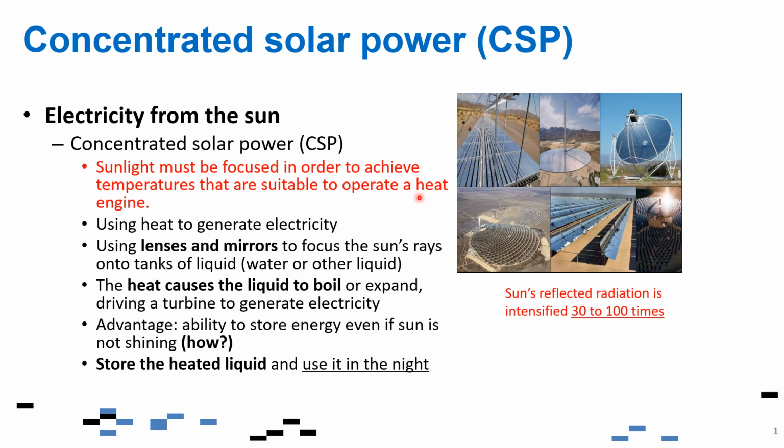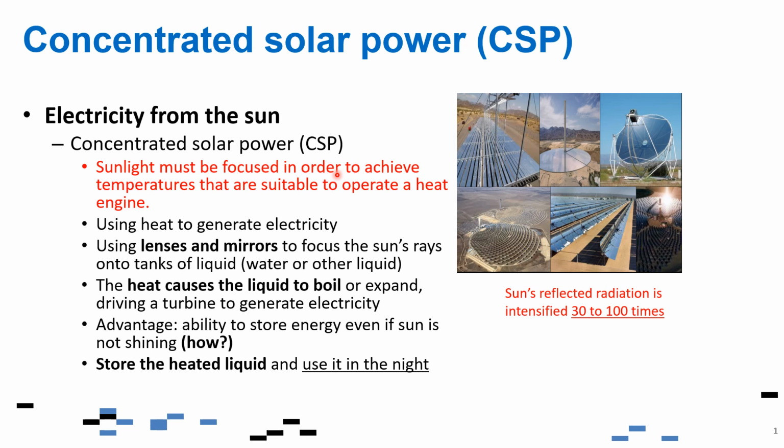In this case, instead of converting the solar light directly into electricity, we are concentrating it by using mirrors. We use a mirror configuration to concentrate the sun's energy into a receiver, and normally this receiver is in the form of a fluid.